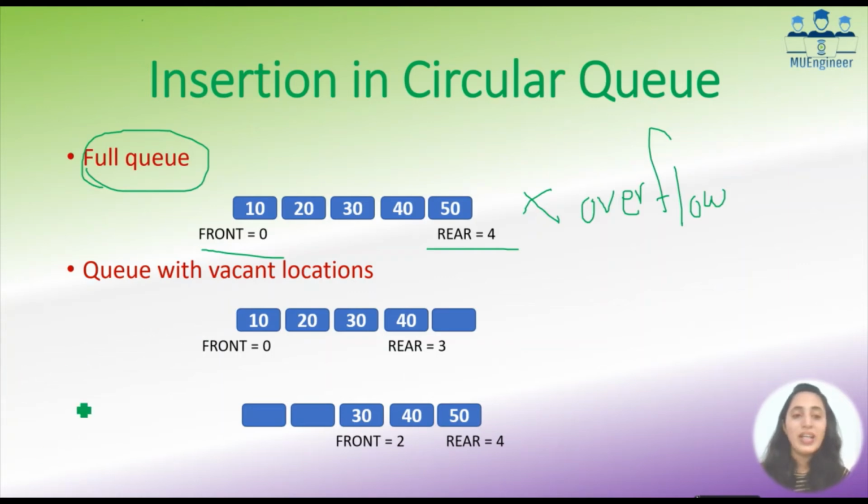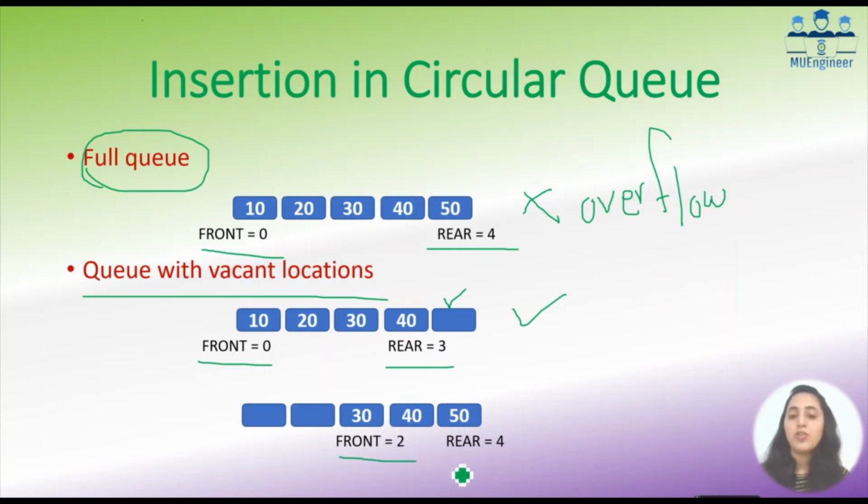But when my queue has some vacant location, there are these scenarios. If your front is 0 and rear is 3, that means there is one location vacant, and we can now do the insert operation.